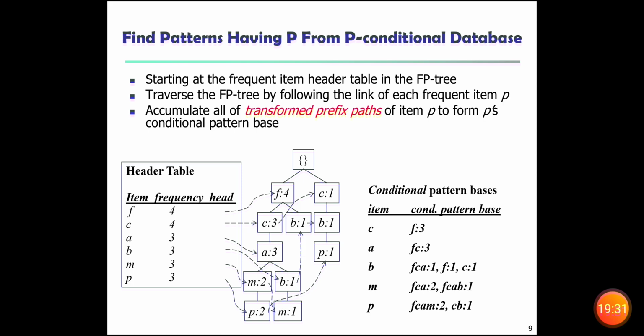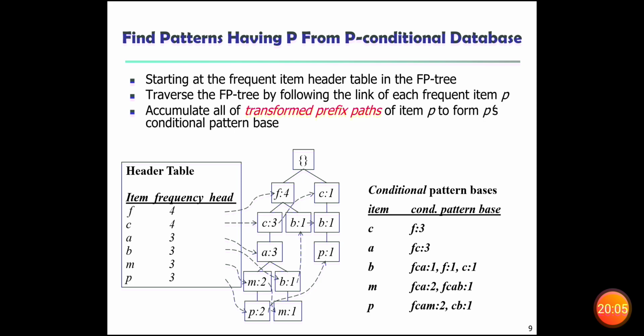Here you take the last one in the tree, P with count 2. In the first row of the tree containing P, all the remaining other nodes you can write as FCAM. The support count of that node is nothing but the P count of 2. Why? Because it contains P. For the P support count, we have considered all the other nodes.